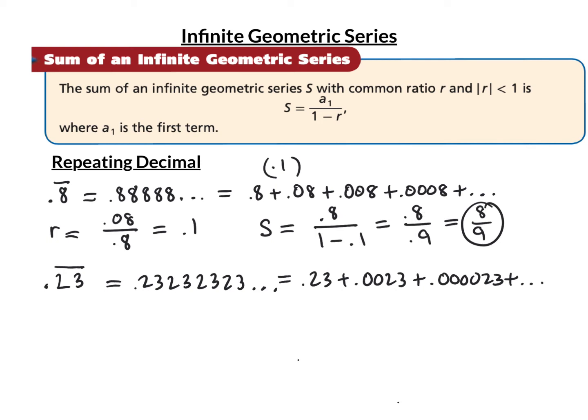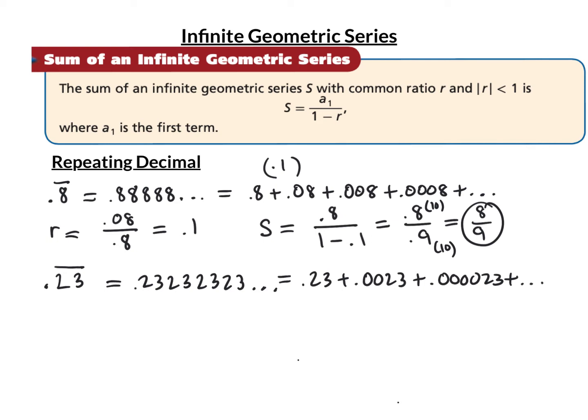To simplify 0.8 over 0.9, I multiplied the top by 10 and the bottom by 10, and that moved the decimal one place on both of them. Multiplying by 10 over 10 is 1. It doesn't change the value of 0.8 over 0.9, and that's how come it's 8/9.